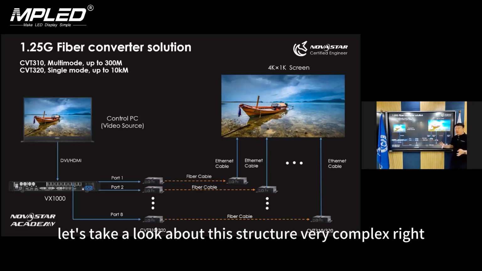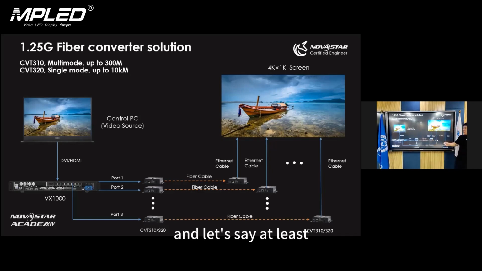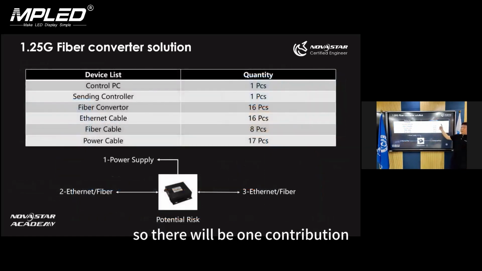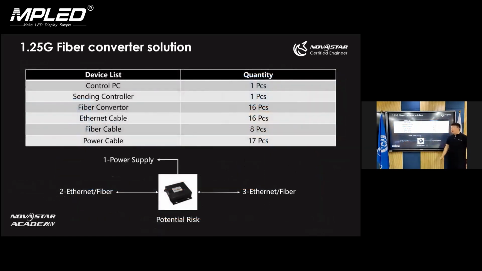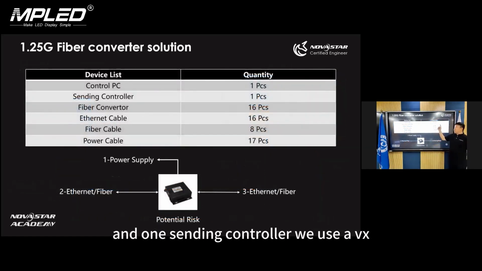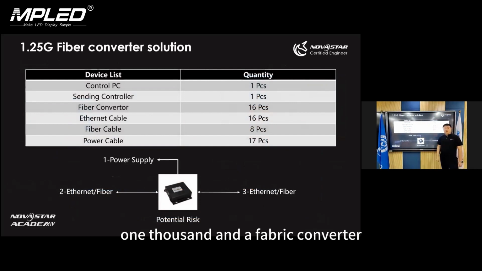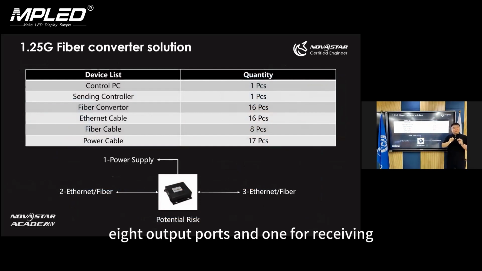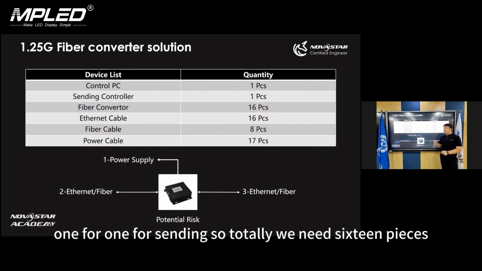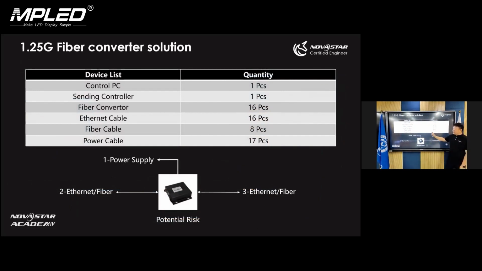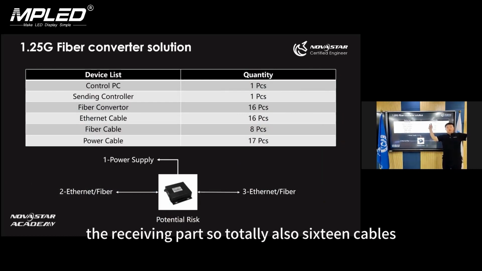Very complex, right? Let's make a list. There will be one control PC and one sending controller. We use the VX1000 and fiber converters. We need 8 output ports, with one for receiving and one for sending each, so totally we need 16 pieces. For the Ethernet cable, the sending part and the receiving part, totally also 16 cables.